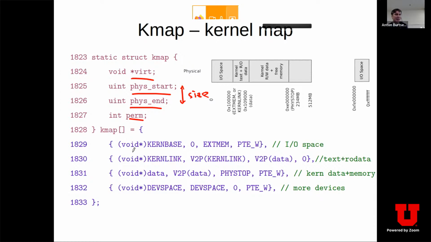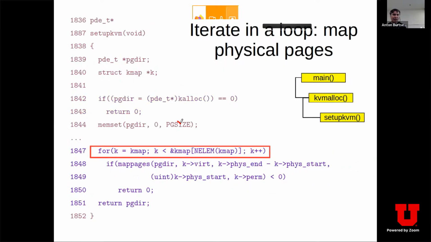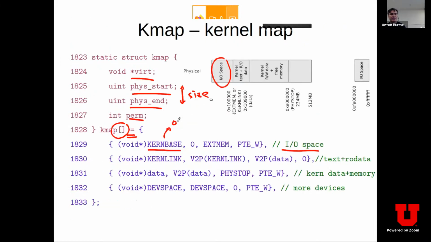And you say this array, this is how you initialize an array. You say, I don't know the size, but the compiler will compute it, right? So this first IO space region, you say the virtual will be kern base, which is 0x80000000, which is like 2 gigabytes, right?